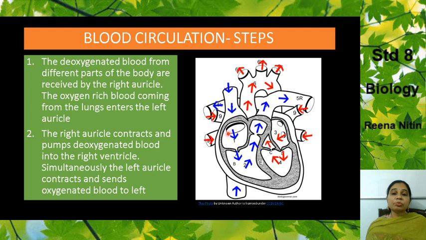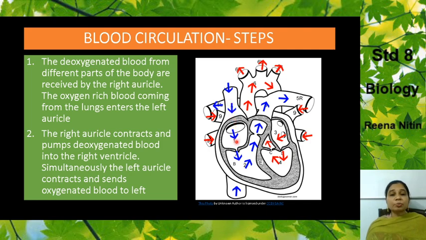So the first step to understand is that the blood has entered into the right auricle. Whatever is happening on the right side is the impure, deoxygenated blood, whereas the left side is the oxygenated blood. So number one, the deoxygenated blood from different parts of the body is received by the right auricle.